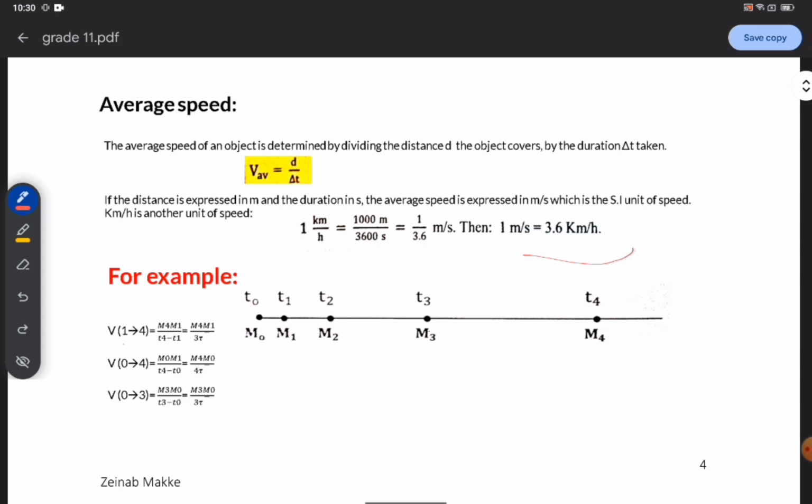For example, the average speed V14 equals the distance from M1 to M4, M1M4, over t4 minus t1. t4 is 4 tau and t1 is 1 tau, so M1M4 over 3 tau.